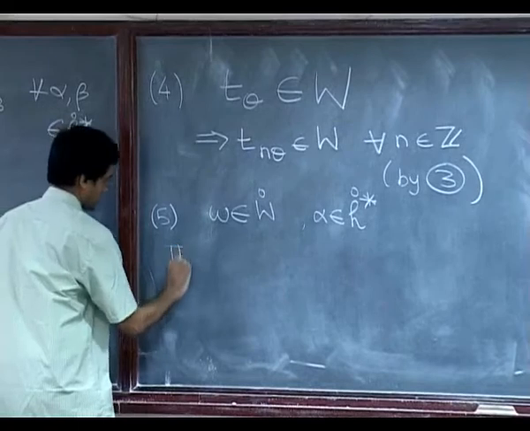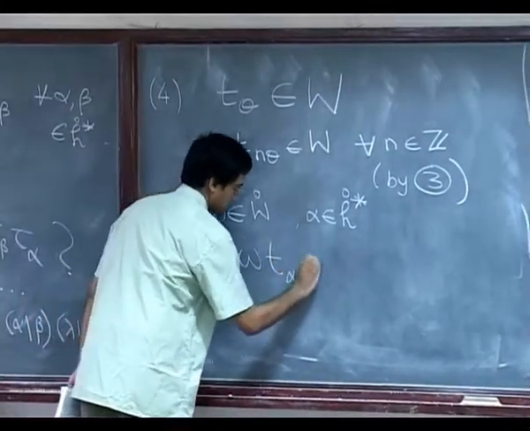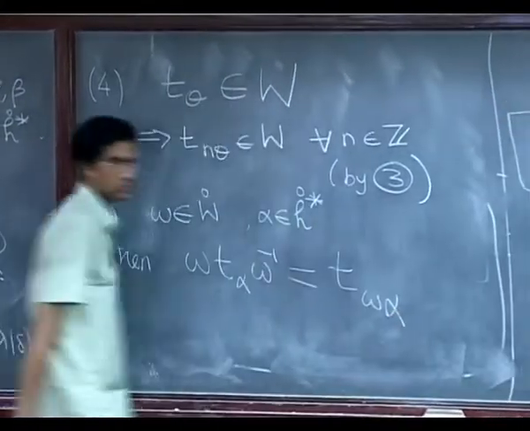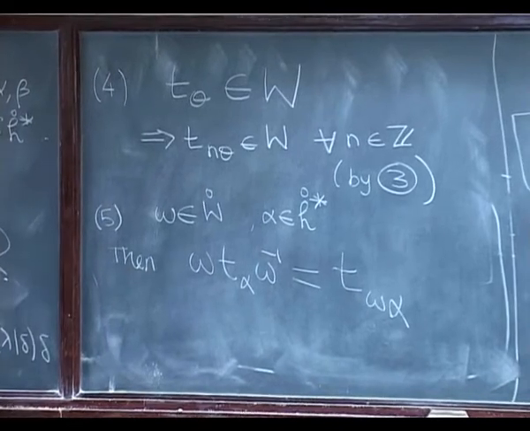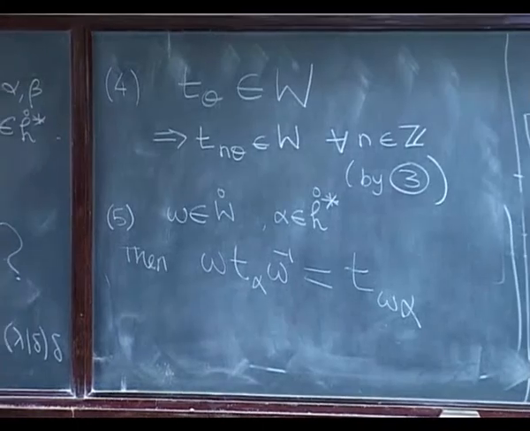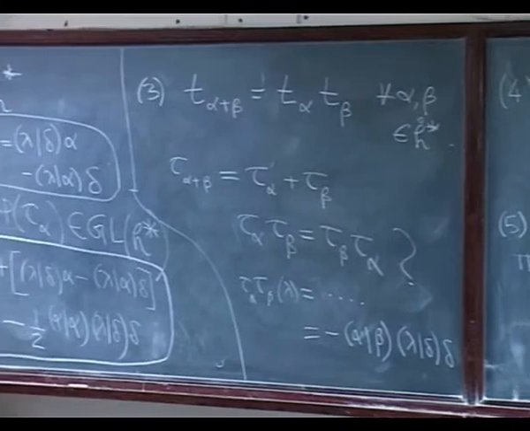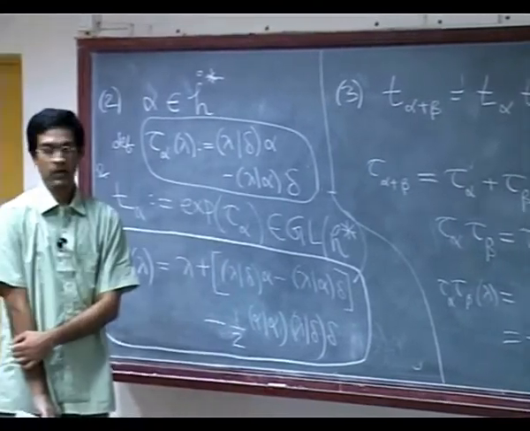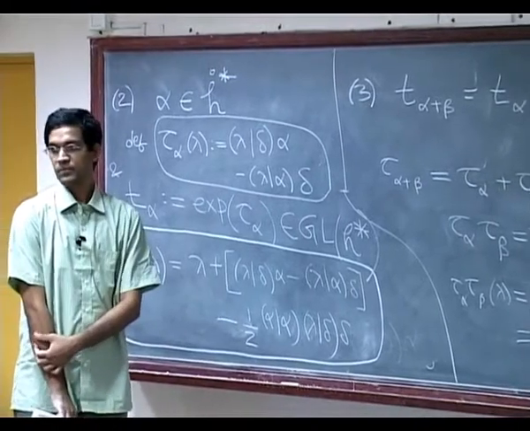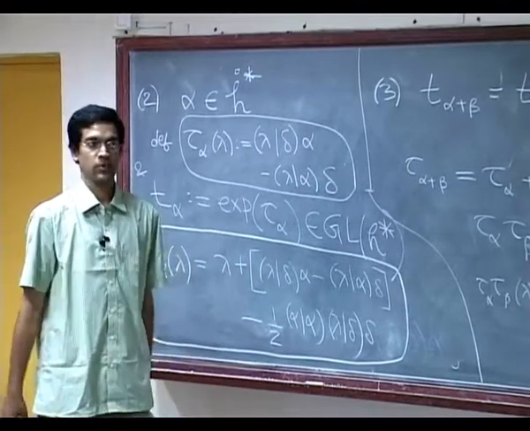Here's the next property that these operators possess. When you look at W T alpha W inverse, it's just T W alpha. Again, it's a question of checking on the tau's before you apply the exponential.